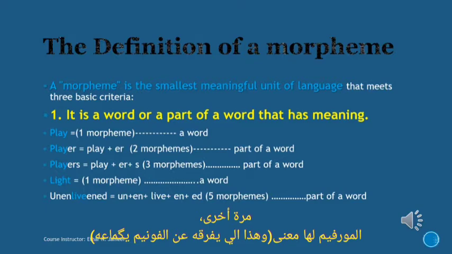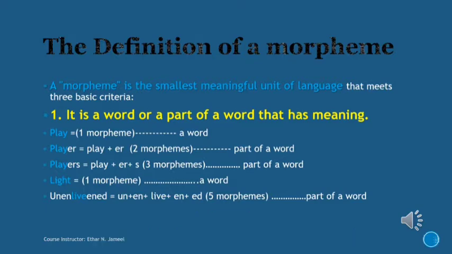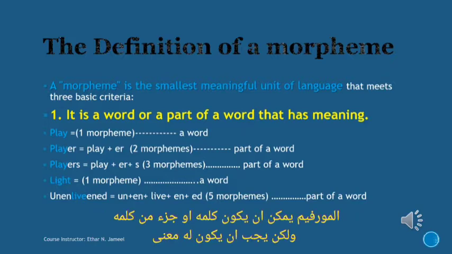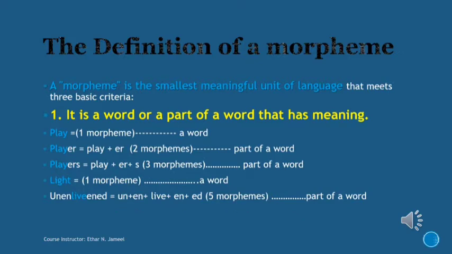Again, that has meaning. So, the most important condition to identify a morpheme is that it should have a meaning. Otherwise, it is not a morpheme. The first criterion says that the morpheme can be a word or a part of a word, but it should have a meaning. Let's consider some examples.